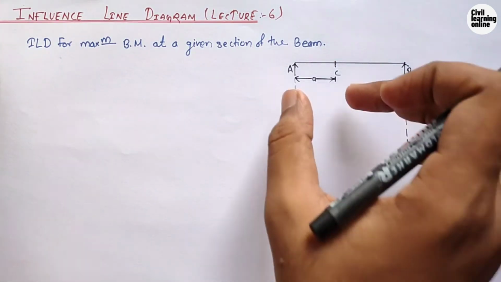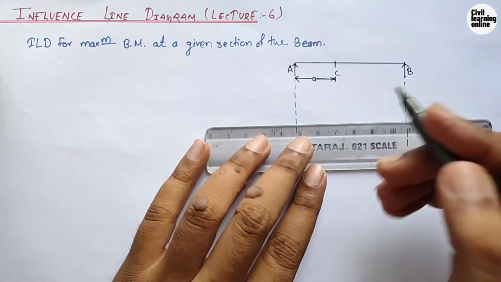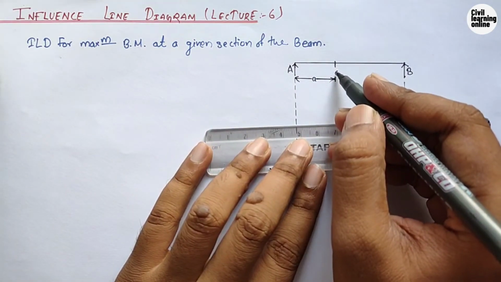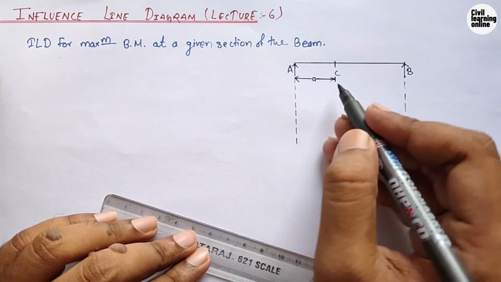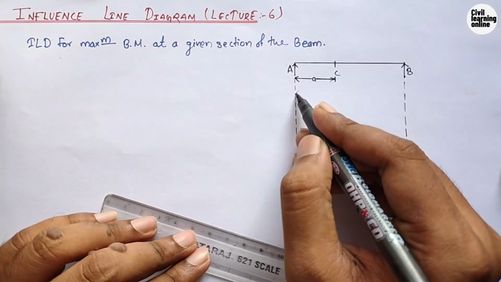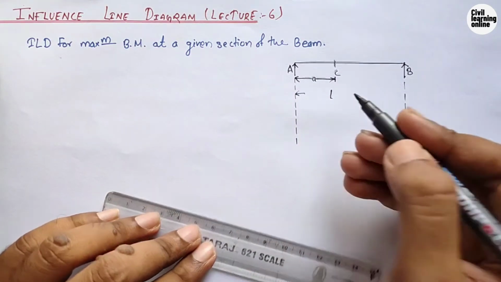And the same thing I have assumed here. Suppose we are asked to calculate the maximum bending moment under the point C, and the point C is at distance A, and the whole span of the beam is L.